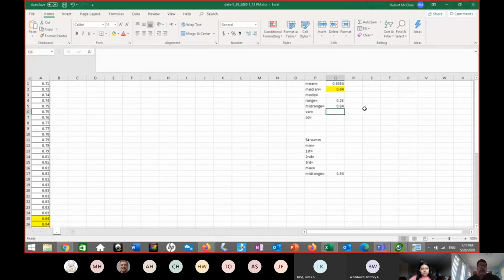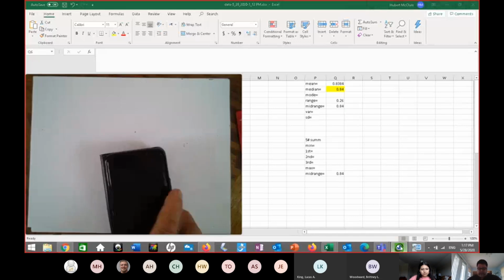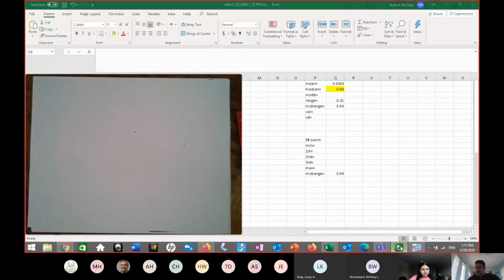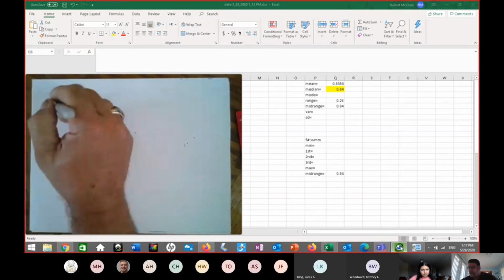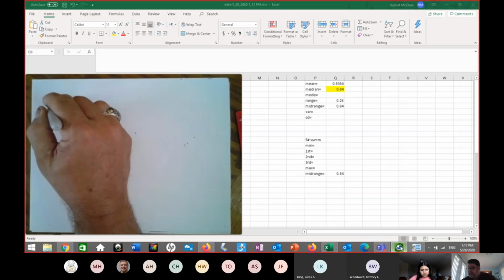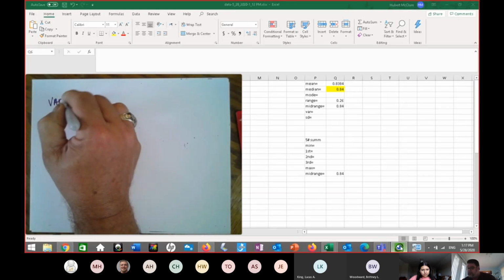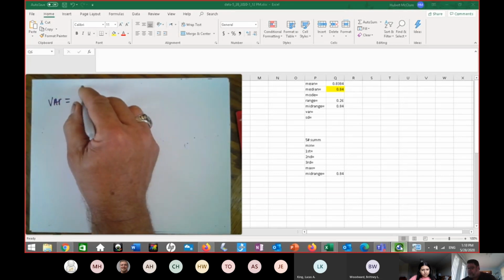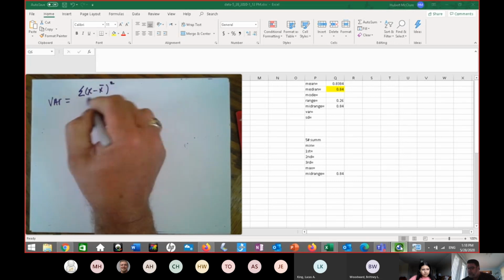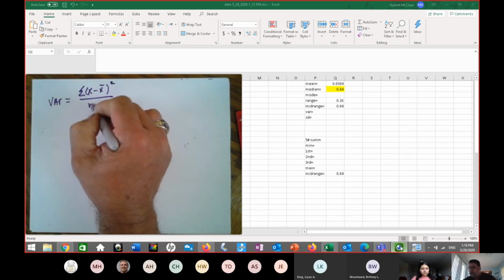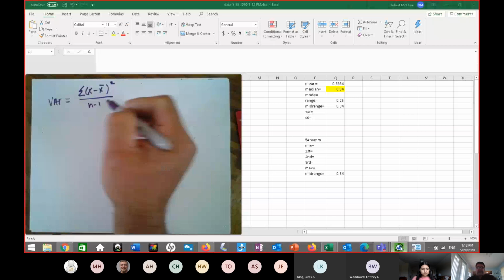Variance. Well, remember, let's pull in our handy-dandy whiteboard. And Hubert told us to print this out, so we would have the formula, for the 3 or 4 people that did it. Variance equals the summation of x minus x bar, quantity squared, over n minus 1. So what do we have to do to each x?